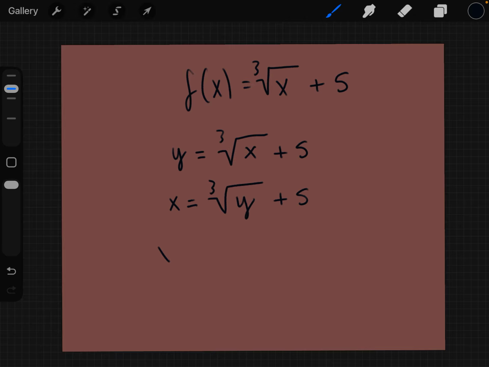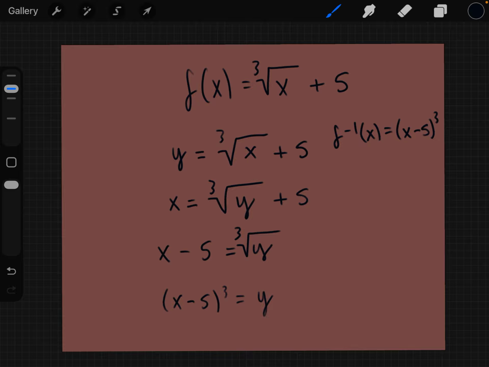Solve for y. Man, the pain, you forget the day. Switch y with f of inverse of x. And there you go. And then it also says to graph, but I'm not going to do that because I'm tired.